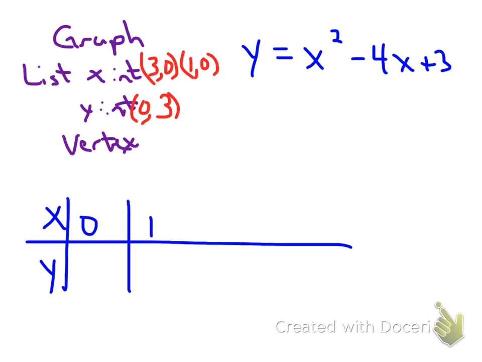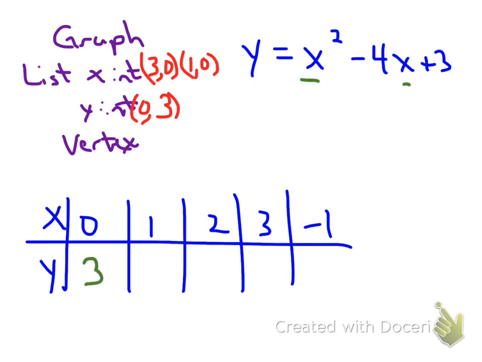So 0, 1, 2, 3, I can even test some negative values like negative 1 and so on. Now if I put 0 into my x values here, I get 3. When I put in 1, I will get 1 squared is 1 minus 4 times 1 plus 3. That ends up giving me 0.